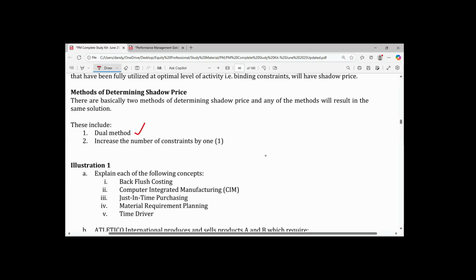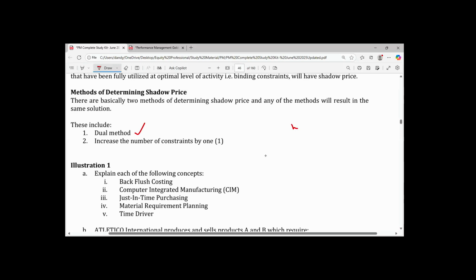For you to get the dual problem, you find the transpose of the original matrix by changing row to column or column to row, whichever way you want to do it. It's still the same thing. Then step three, you now solve the dual problem using simultaneous equation. The resultant figures will represent the shadow price. That's all you need to do.